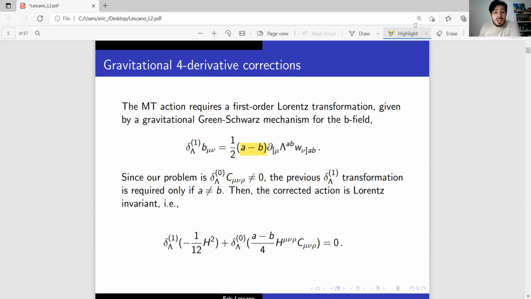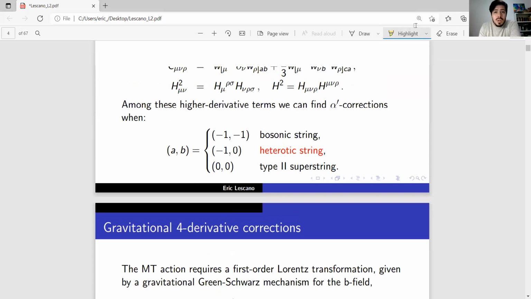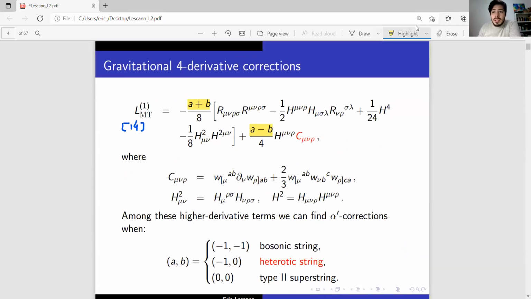And the reason is that the problem in the previous Lagrangian is that this is the only non-covariant term. Let me go up just for a minute. All these terms here, I'm going to change my color. This term is fully covariant. We can write this object in terms of the spin connection, but it's fully covariant because it's a tensor.